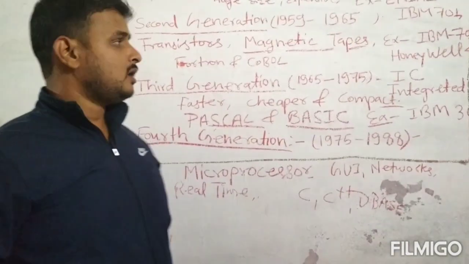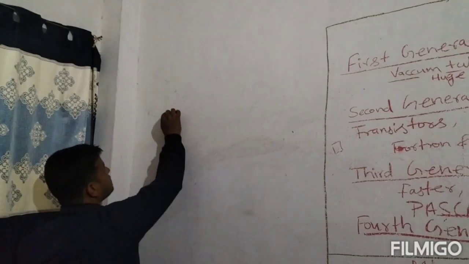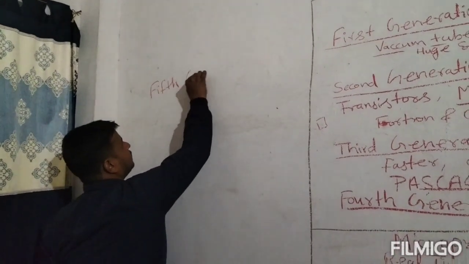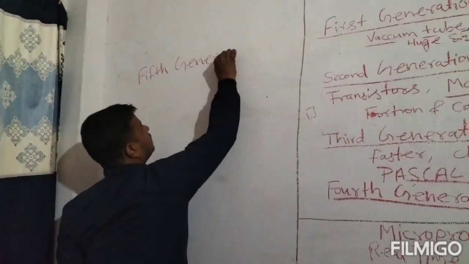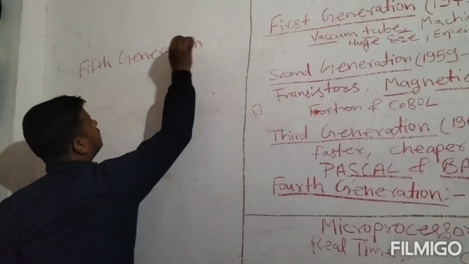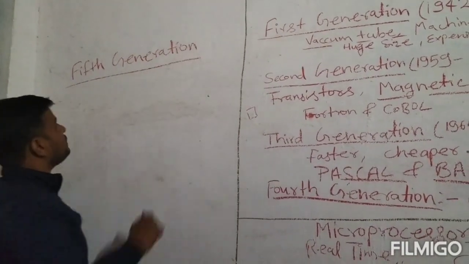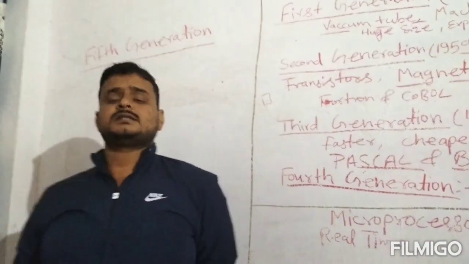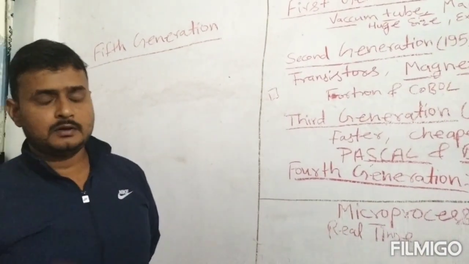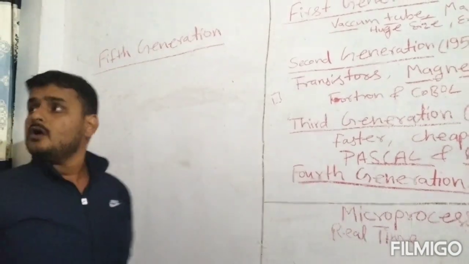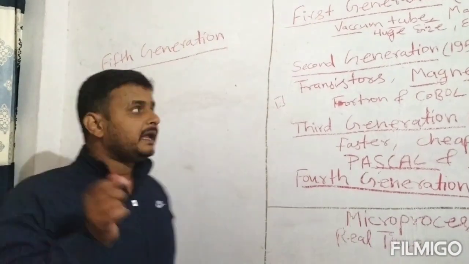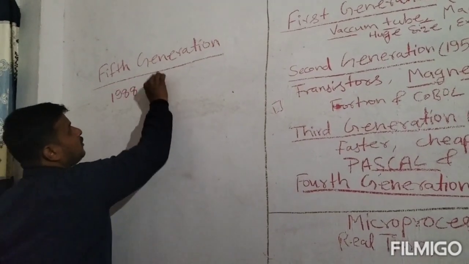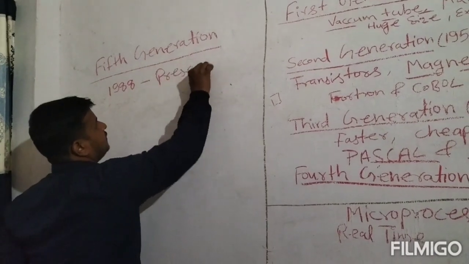Now we are going to discuss the fifth generation. When we are talking about the fifth generation computers, first of all we will discuss the duration of fifth generation computers, that is from 1988 to present.